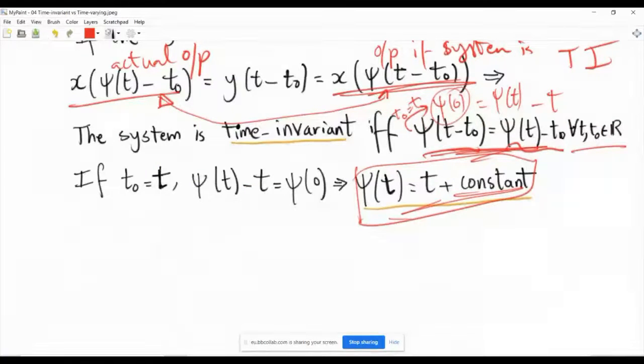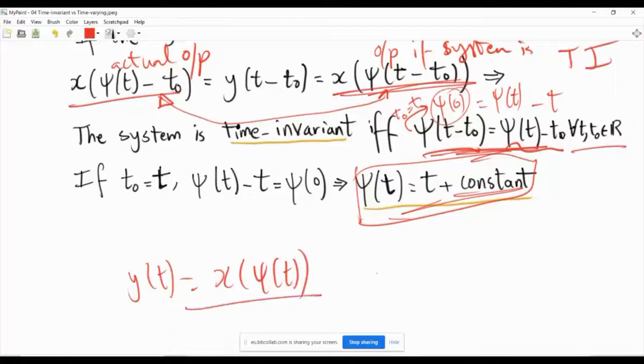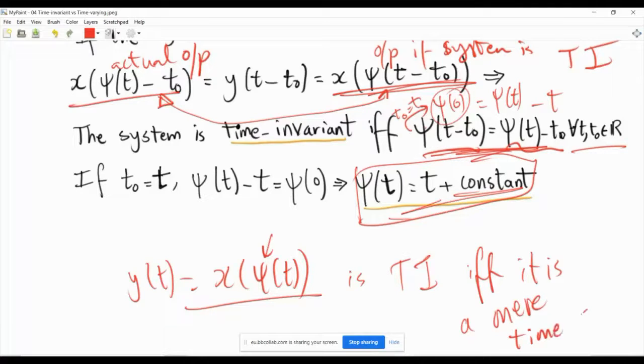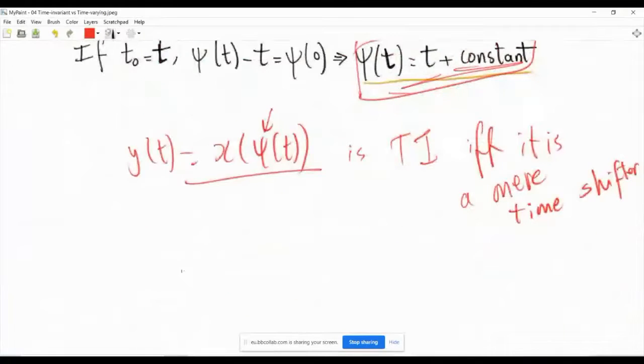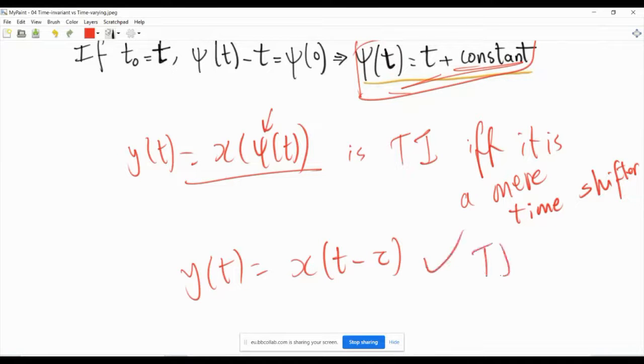So for systems in which y of t is equal to x of psi of t, it's a family of systems depending on psi of t. This system is time invariant if and only if it is a mere time shift. If it's a time shifter, so basically if y of t is equal to x of t minus tau, this will be a system that is time invariant.